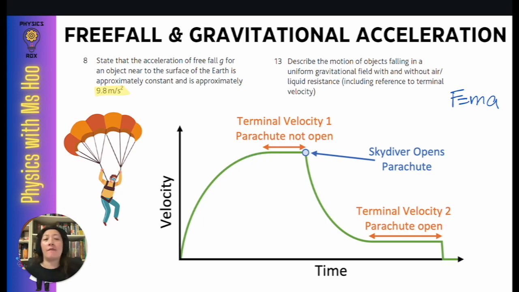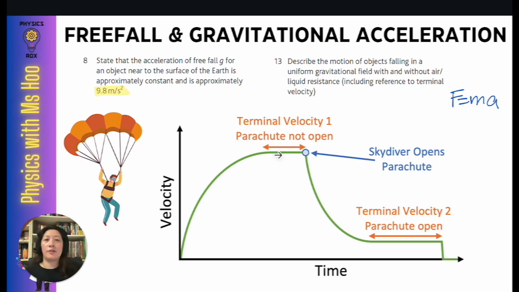That means the net force is zero, therefore acceleration is zero. When acceleration is zero, the velocity is constant. So at this point, where there's constant velocity, this is the terminal velocity of the skydiver while the parachute is still not open. So that's why you get terminal velocity over here.